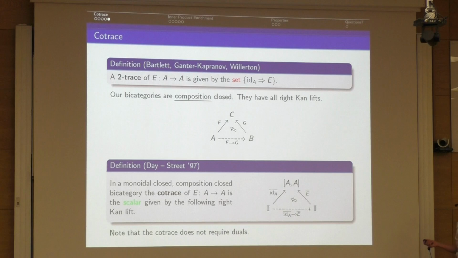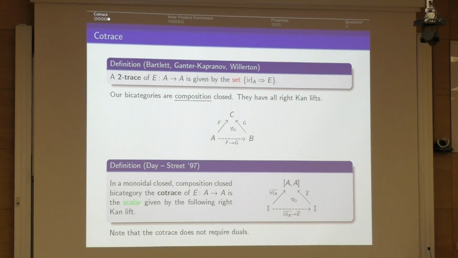But using this symmetric monoidal closed structure, and also the Kan lift structure, you could take the identity and then turn it into a map out of the unit object into an internal Hom object, do the same thing with your endomorphism, and then just take the right Kan lift between the two unit objects.